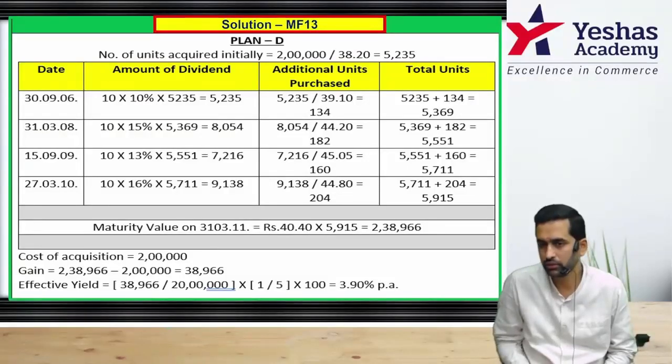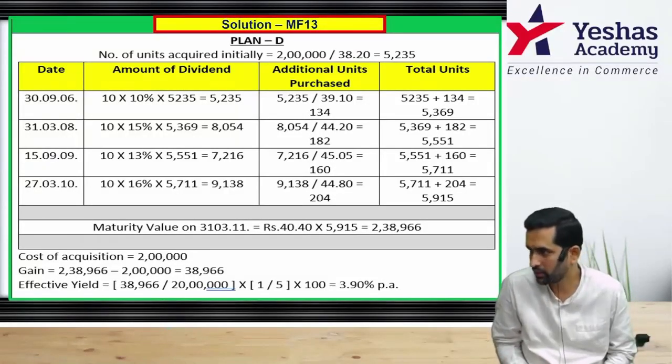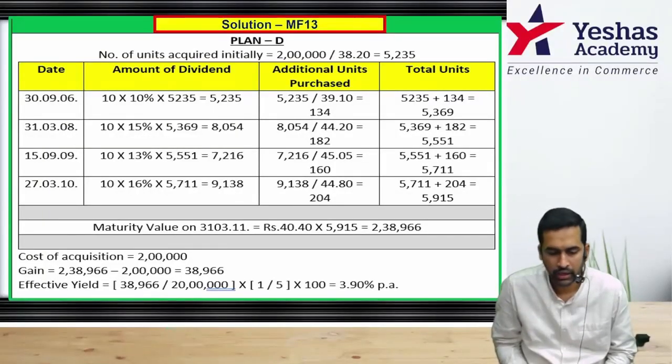Simple, 38,966. But we want, as per the question, annual yield. Correct? I think there is 10 extra on screen. Effective yield is 38,966 by 2 lakh rupee.